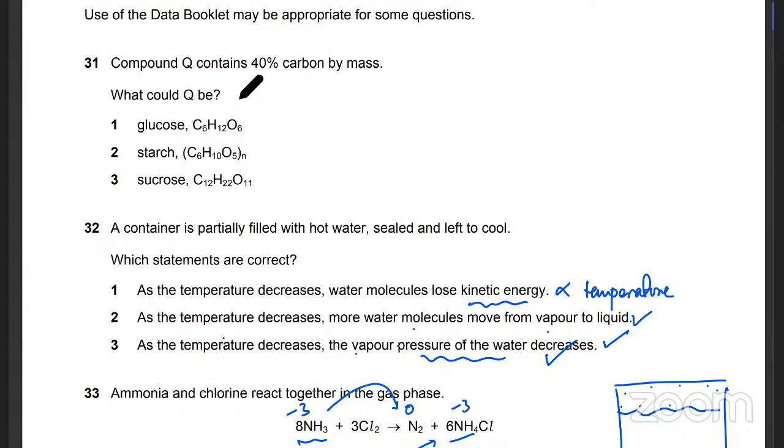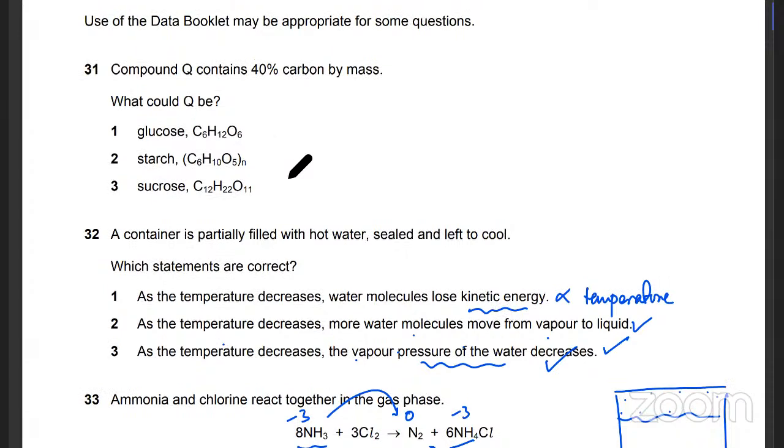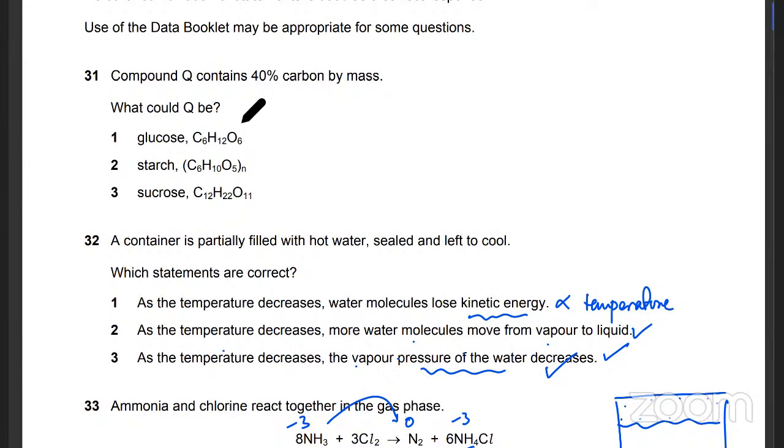You would have to solve each one of them individually, and you can pretty much do this on your own. The first one is, if you know what glucose is, that's 180. So that's 12 into 6, that's 72. Carbon is 72 divided by 180.